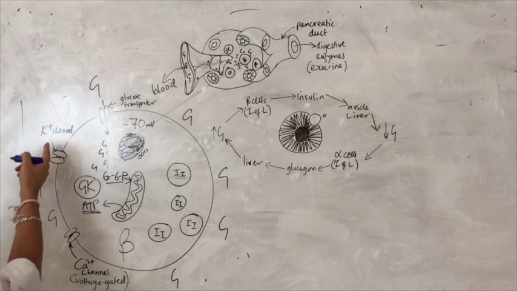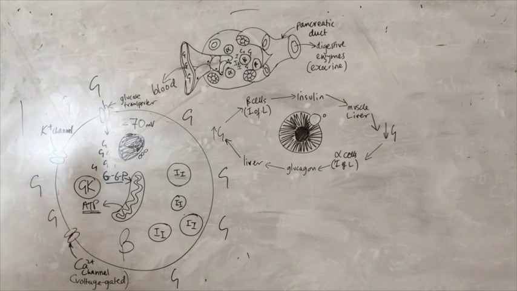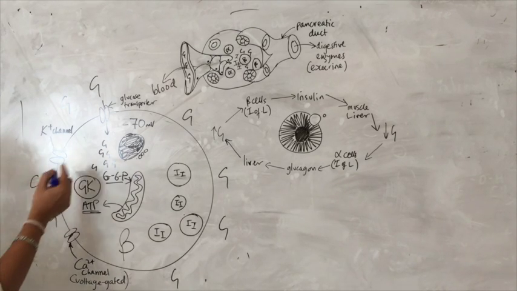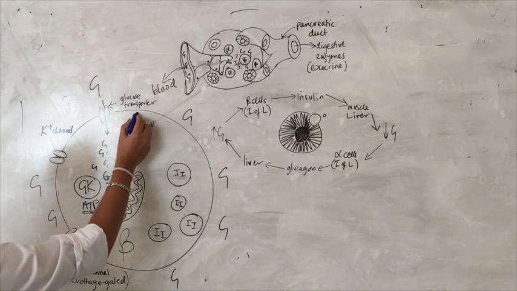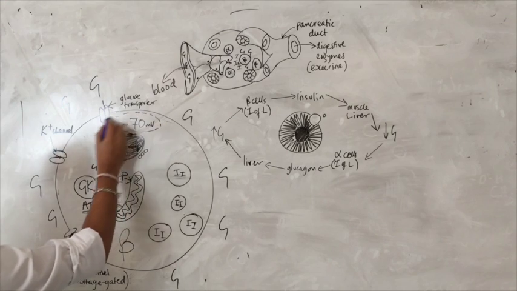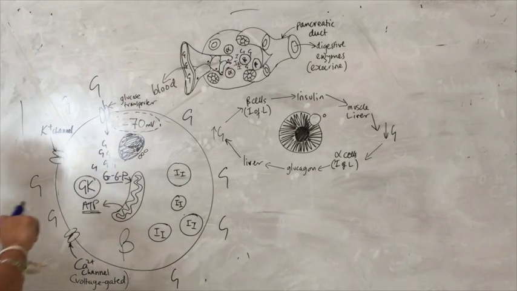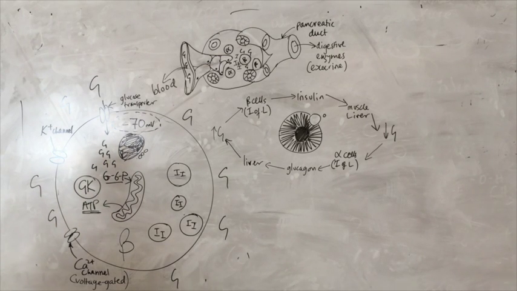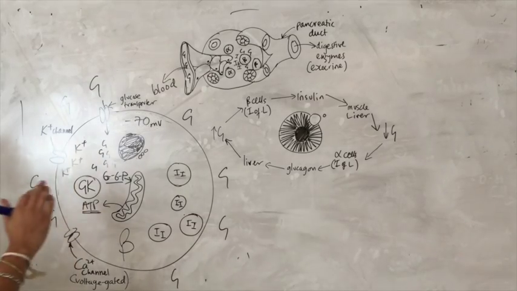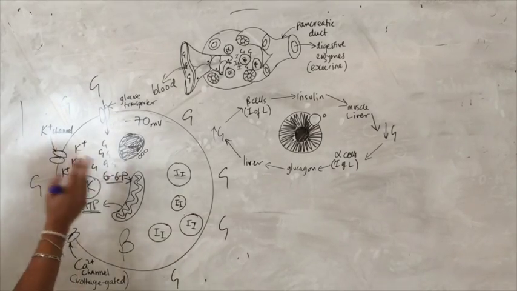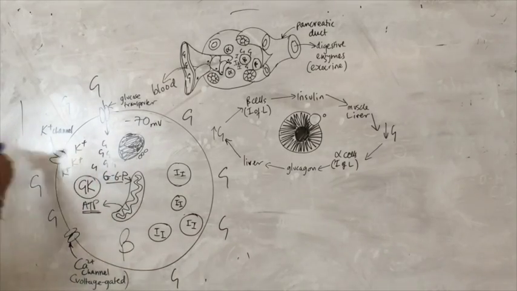Now, this is the bit that you'll have to just remember. ATP causes the potassium channel to close. Now remember, this cell has a resting potential of approximately minus 70. I've seen minus 65 quoted. Potassium ions have a tendency to move out of the cell.